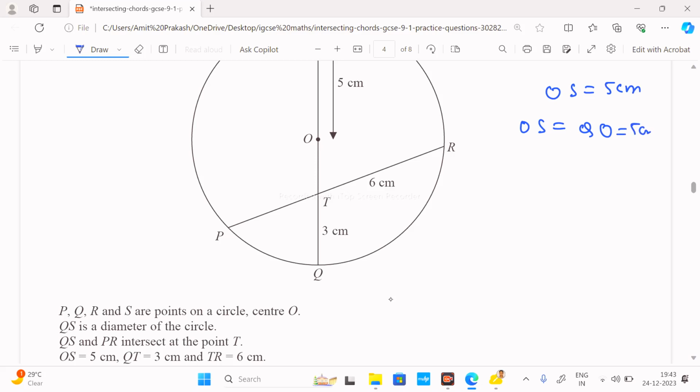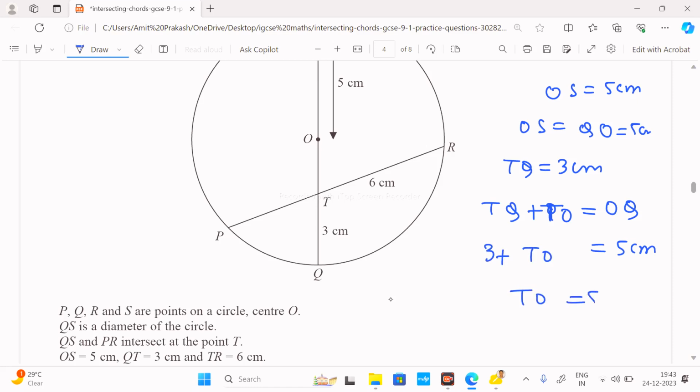And TQ equals 3 centimeter. Therefore TQ plus TO equals OQ, and OQ equals 5 centimeter. So 3 centimeter plus TO equals 5, so TO equals 5 minus 3 equals 2 centimeter. So this distance is 2 centimeter.